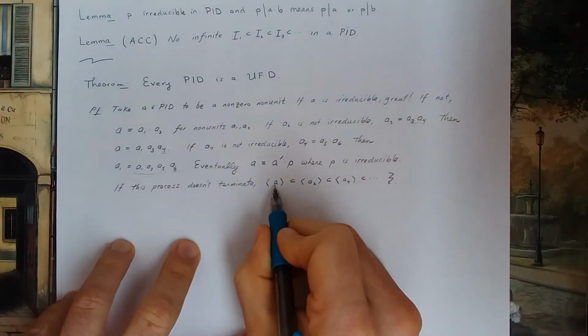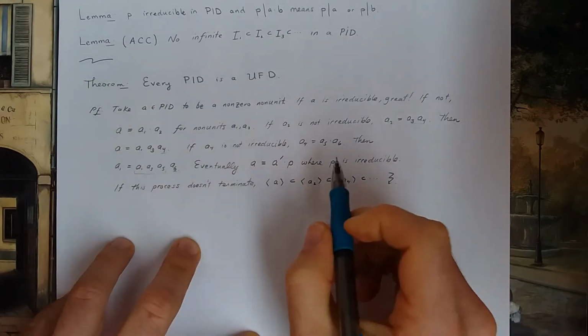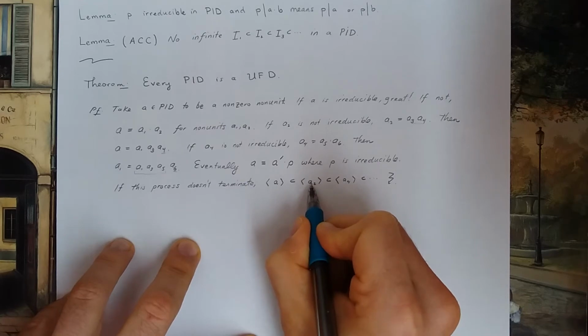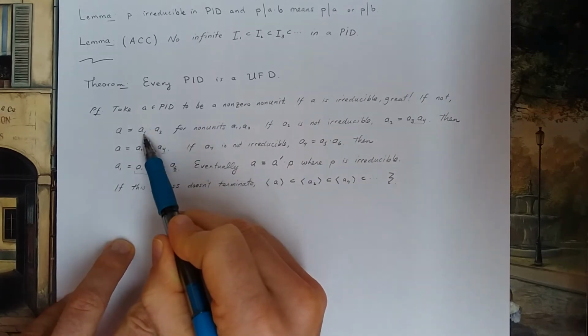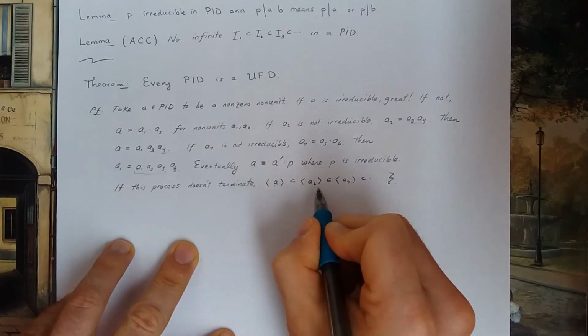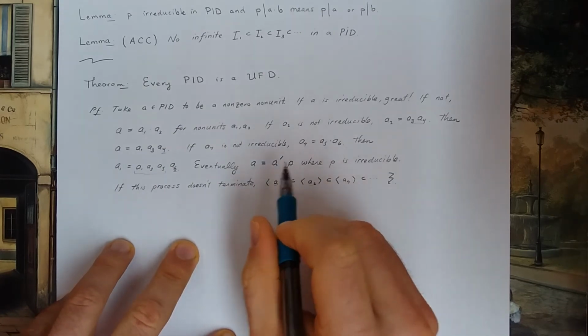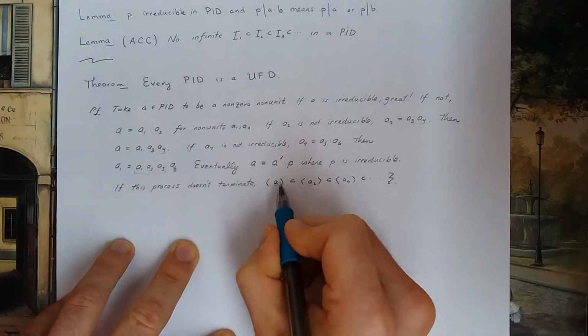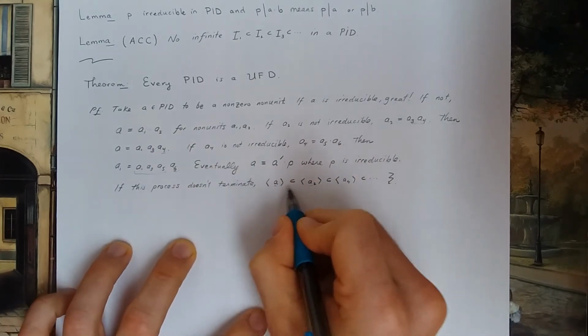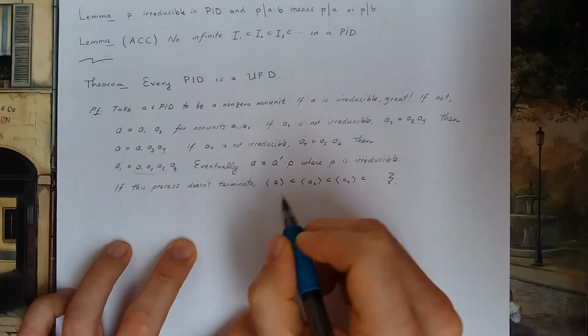Let's verify that we actually do have a strictly increasing chain of ideals. Well, first notice that this is a chain of ideals. A2 times A1 is A. So that means A is definitely in the ideal generated by A2. So I get containment this way. Why can't I get these two ideals to be equal?